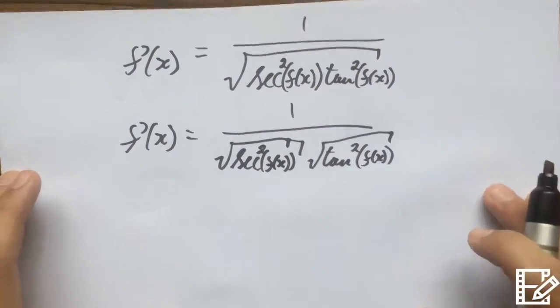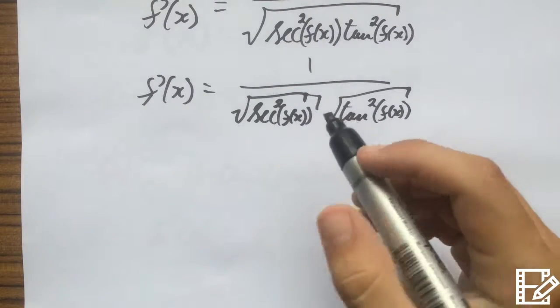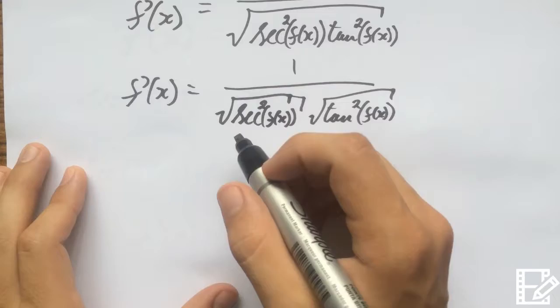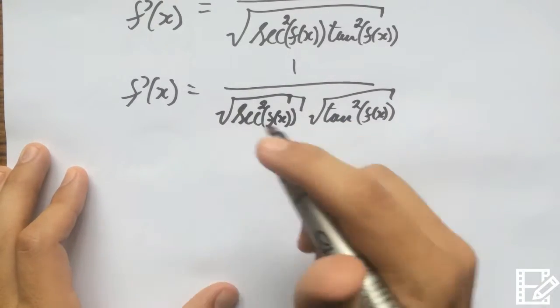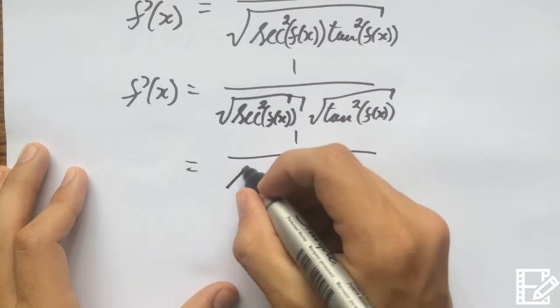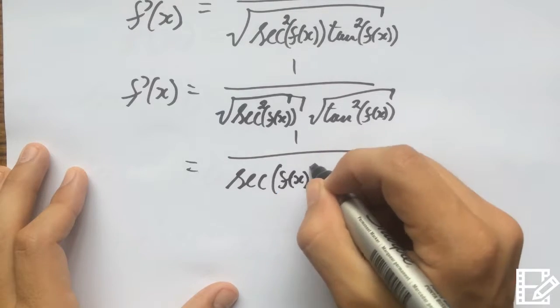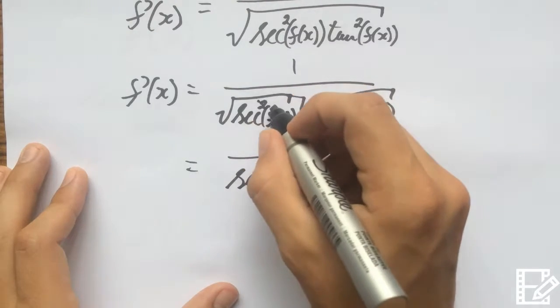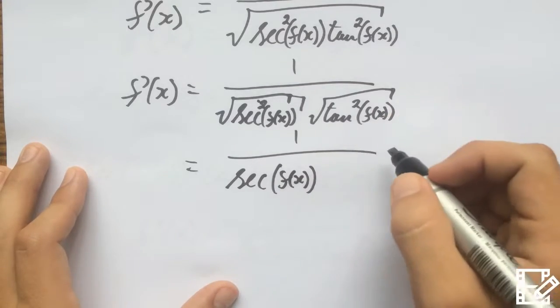I haven't really done too much yet. Now, first of all, I don't want to change this. I'm just going to leave it as sec f(x). I'm going to convert it back. So the squared will cancel out the square root and we'll end up with this. But I want to do something with this.